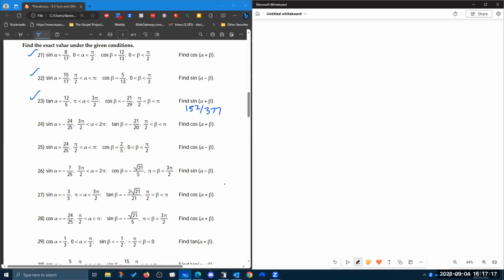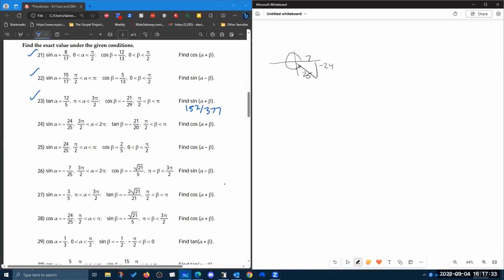Now we're in quadrant 4 for alpha. We have a sine value of -24 over 25, so this is a 7 on this side.